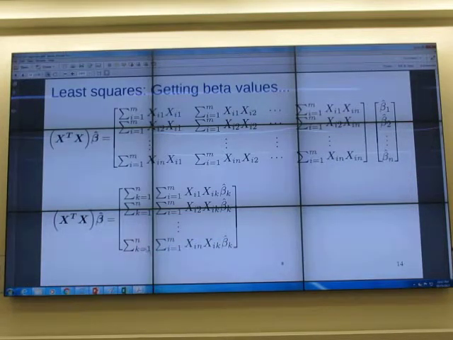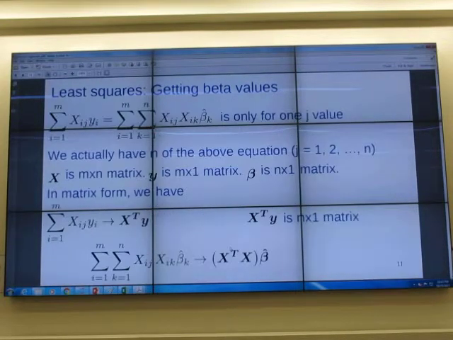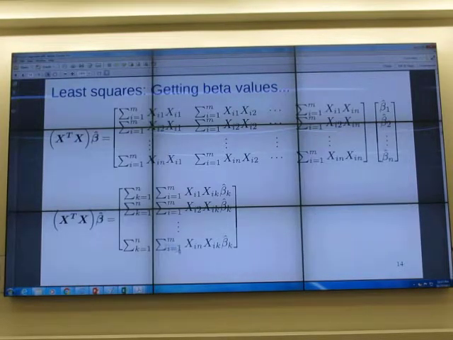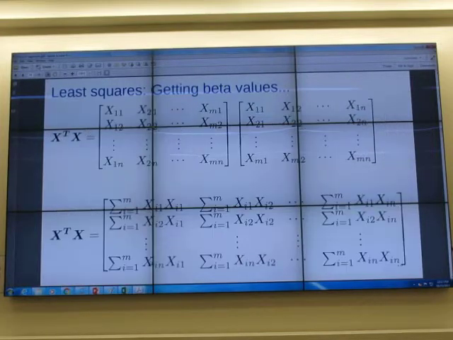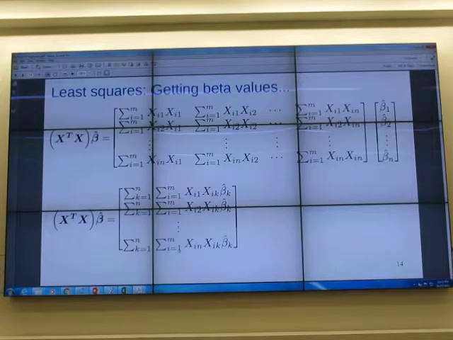And if you check, you have summation of k equal to 1 to n, i equal to 1 to m of xin, xik, beta k. Are they the same? I equal to 1 to m, and then here I have i equal to 1 to m, k equal to 1 to n, right? xij, xik, oh, where's my xij?